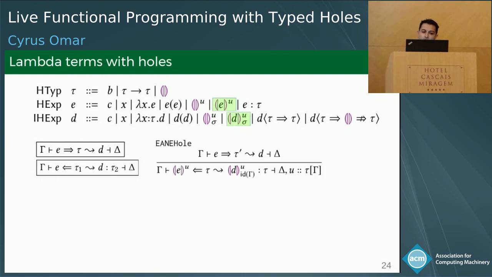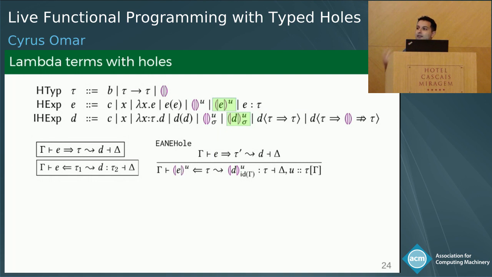But I just want to show you one of the rules, the rule that governs non-empty holes. That rule says if you're checking a non-empty hole against some type tau, the term inside the hole can synthesize any other type tau prime, and it elaborates to this internal term, which is a hole closure. A hole closure looks like a hole in the external language, but it has this sigma on it, the environment that's being tracked around the closure.